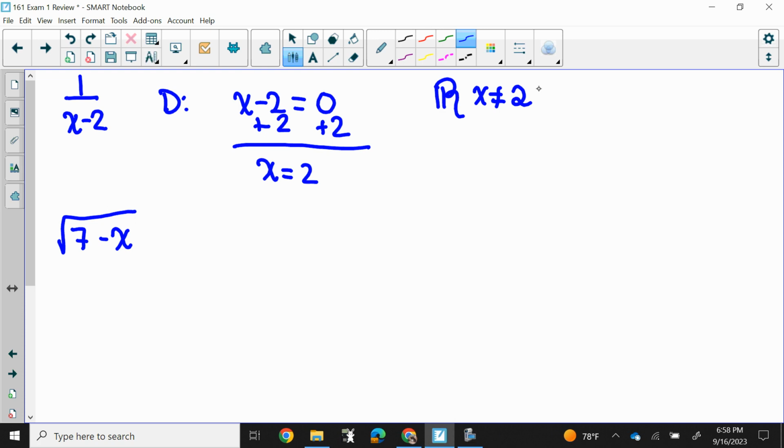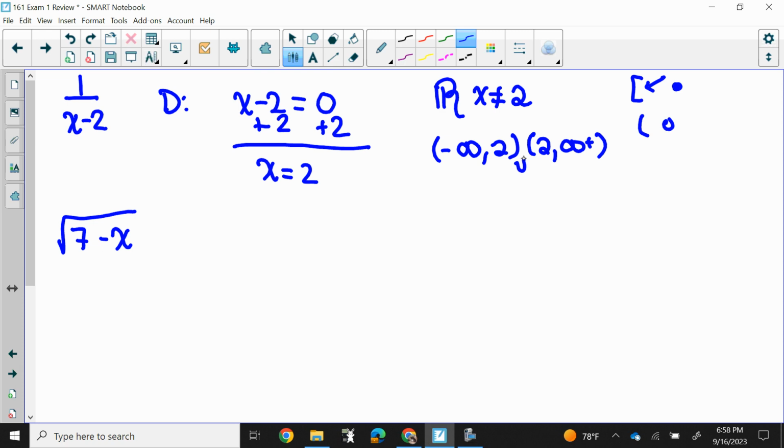And they wanted it in interval notation. So I would write this as it goes from negative infinity to 2, but it doesn't include the 2, so I have the parentheses. Remember, if you include that value, that's like a closed circle, and this is like an open circle. And then it goes from 2 to positive infinity, and I would do a union in between the two.